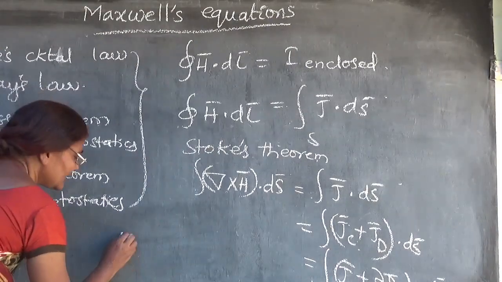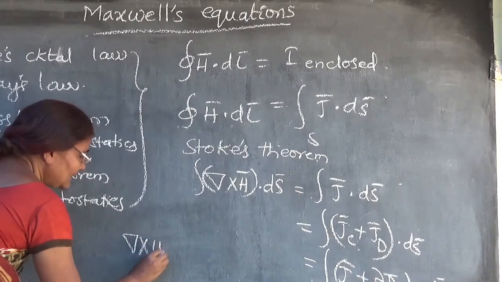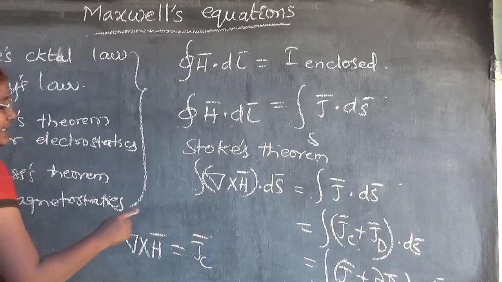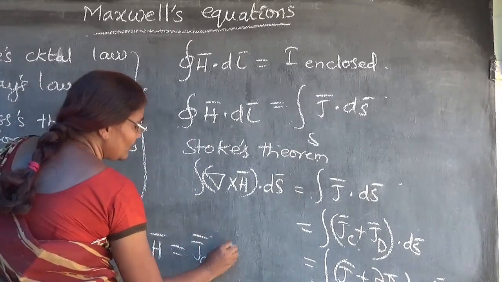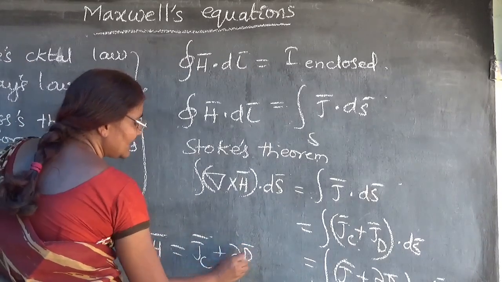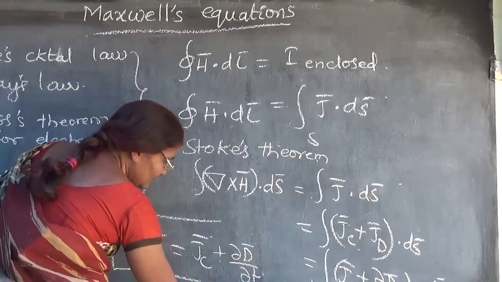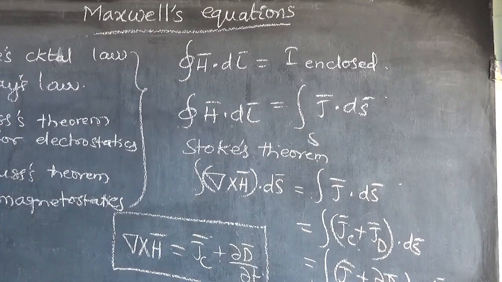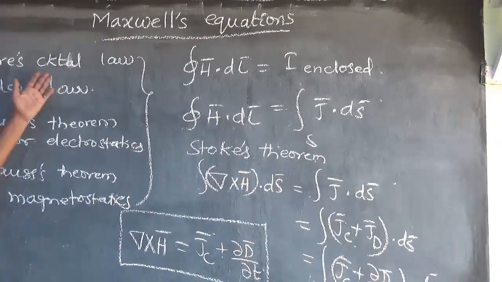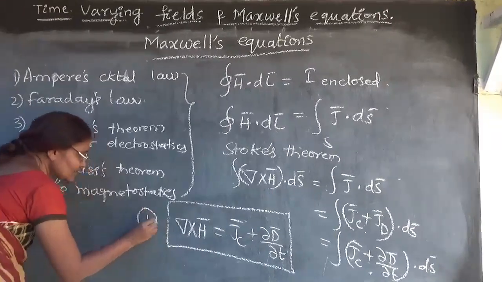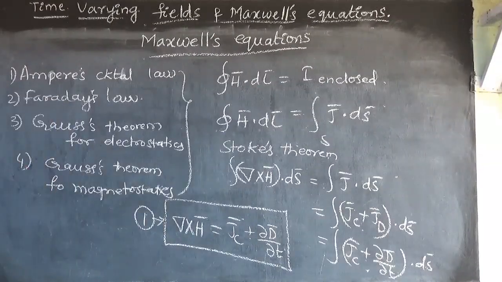My del cross H bar is equal to JC bar, that is the conduction current density, plus the displacement current density. So this is the Maxwell's equation derived from Ampere's circuital law. This is Maxwell equation 1. I hope you understood this.